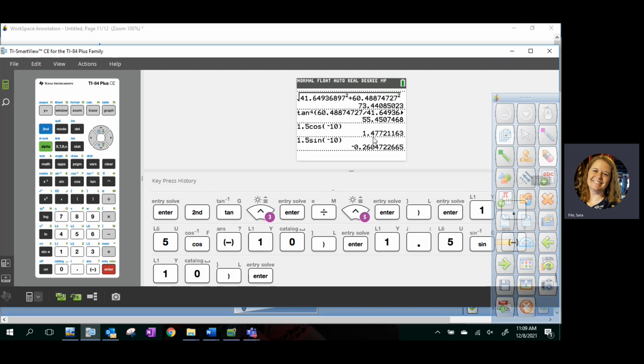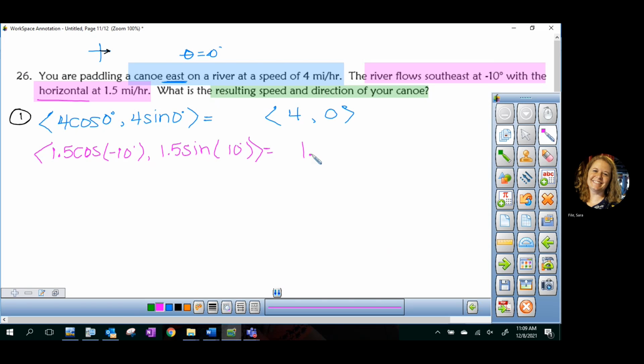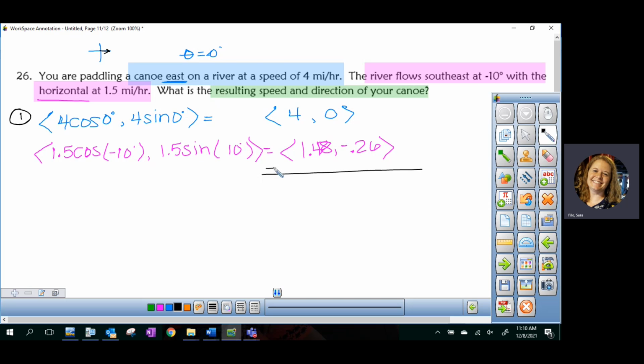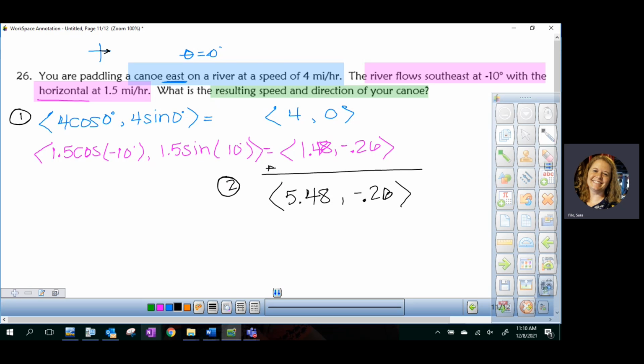So 1.48 and -0.26. And then step 2 is to add those two vectors to get the resultant. Okay, so that is the resultant vector in component form.